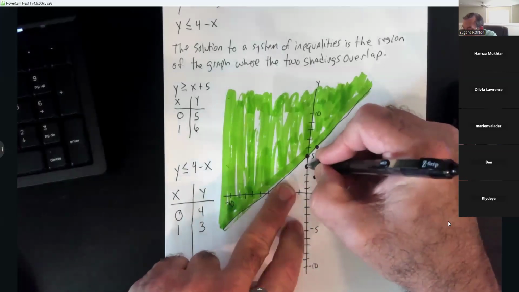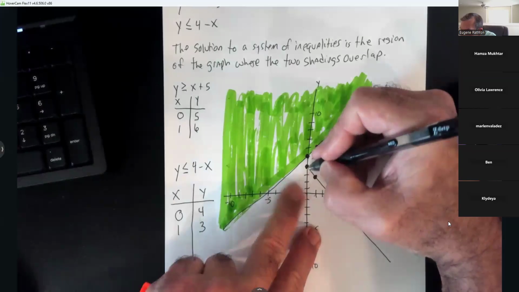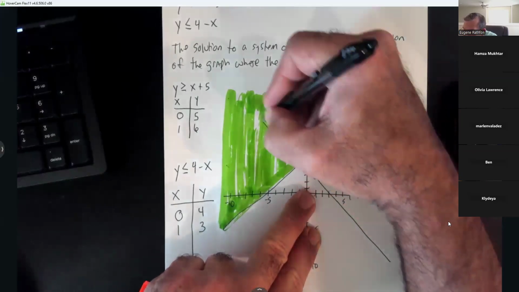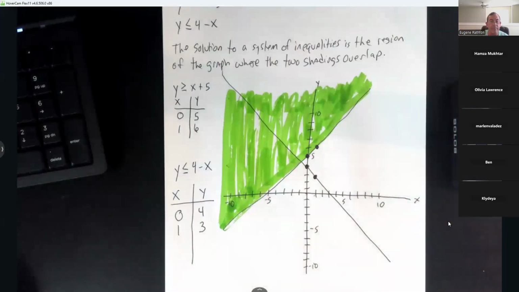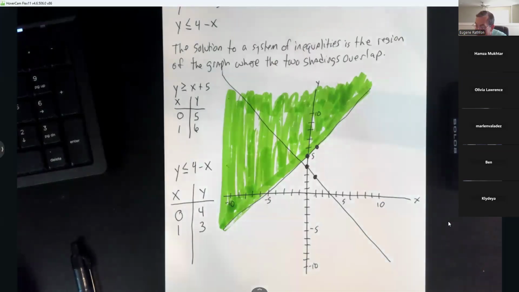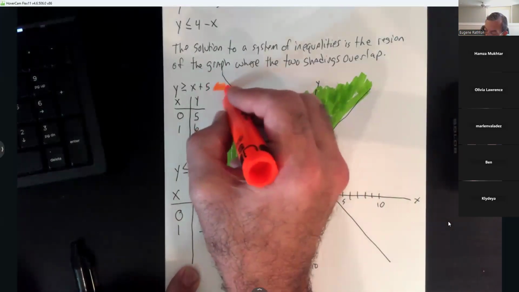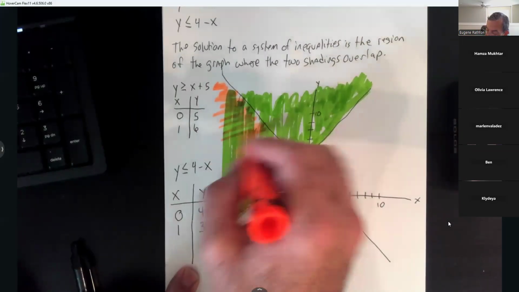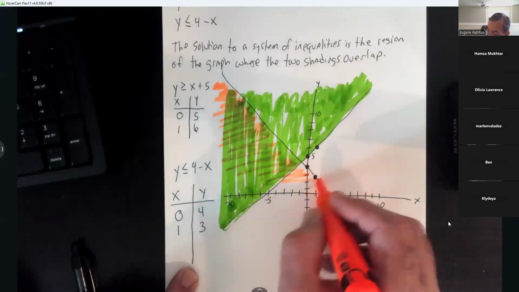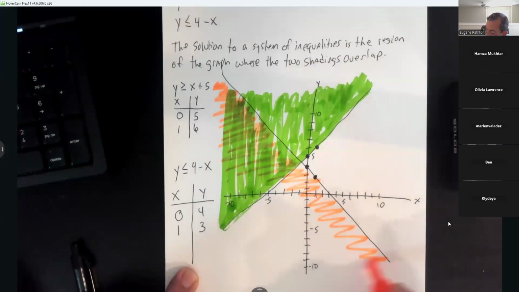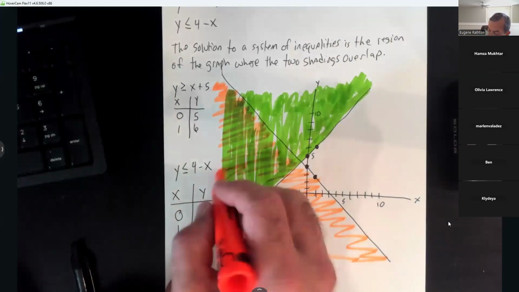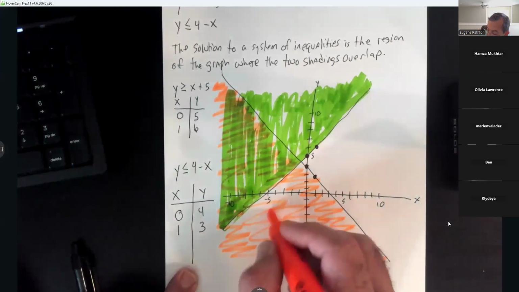All right, y'all, so that was a solid line coming down this way. I said it was less than, so it's going to shade below the line. So that's going to shade all this to the left of that line in a different color for me.